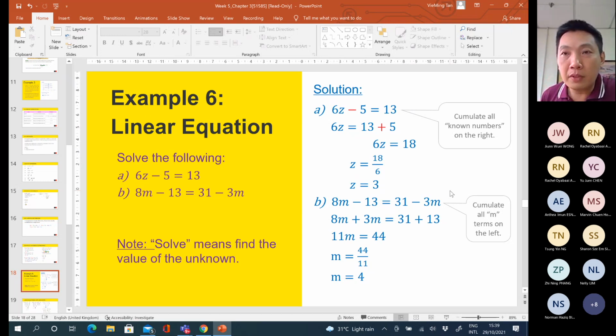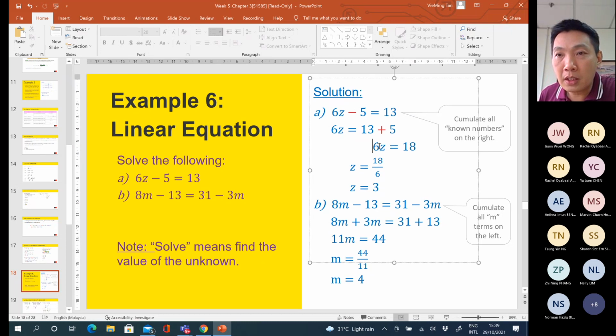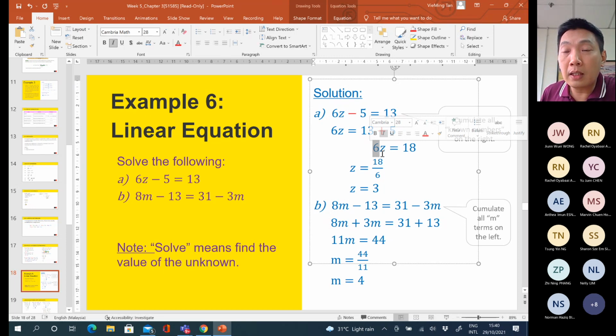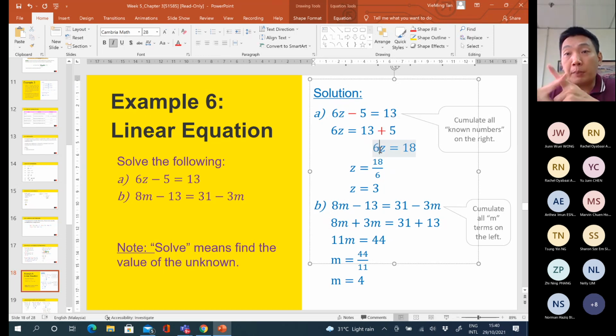Now we have to move 6 to the right-hand side, so that z will be alone and we can get the z value. How to move? It depends on the relationship between 6 and z. 6 and z have a multiplication relationship, 6 multiply z originally. So if 6 moves to the right-hand side, it becomes divide, the opposite.